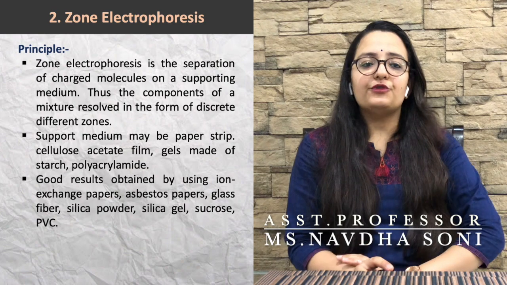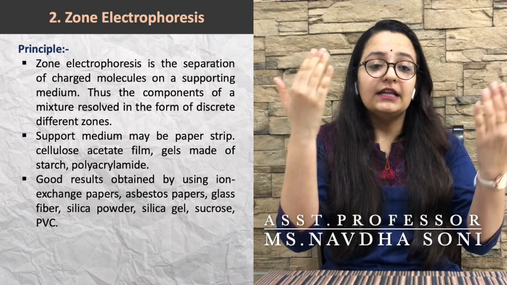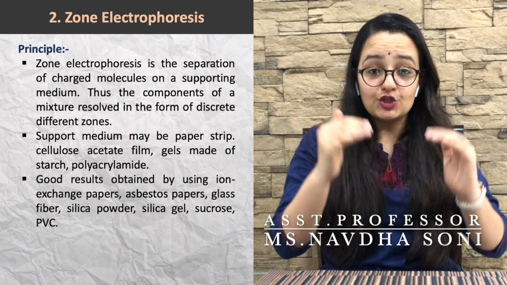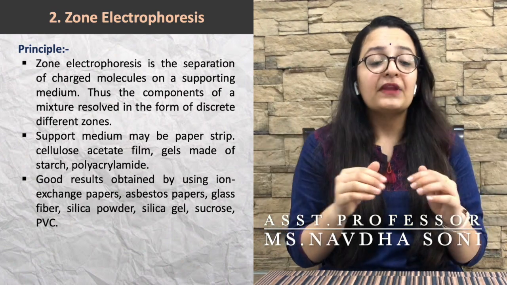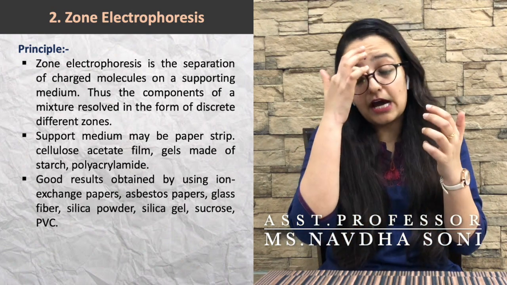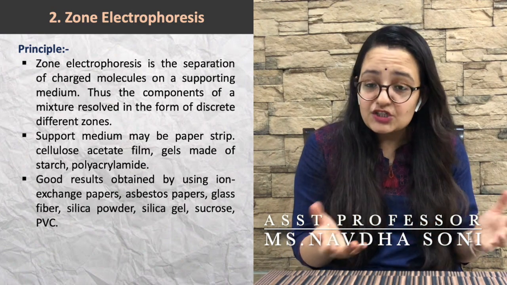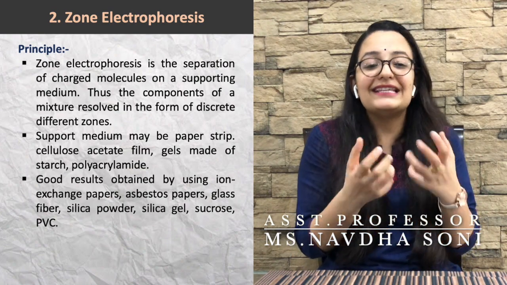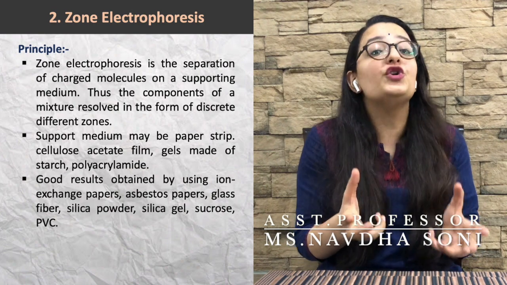In zone electrophoresis, charged molecules are separated on a supporting medium, so the components of the mixture are resolved in the form of discrete zones. The supporting medium may be paper strip, cellulose acetate films, or gels made of starch, polyacrylamide, etc. Sometimes good results are obtained using ion exchange papers, asbestos papers, glass fibers, silica powders, silica gel, sucrose, PVC. These are the supporting media for good results.